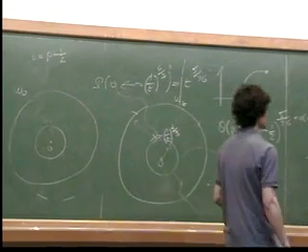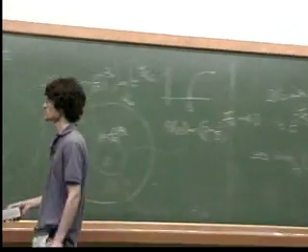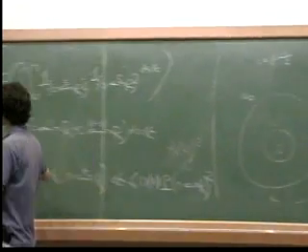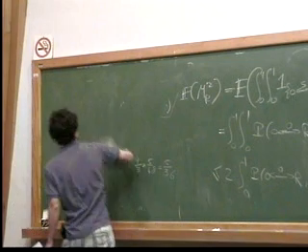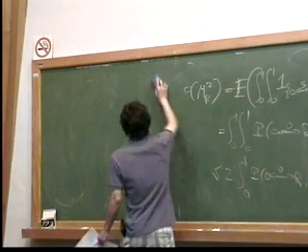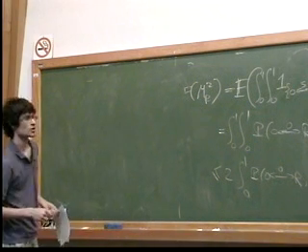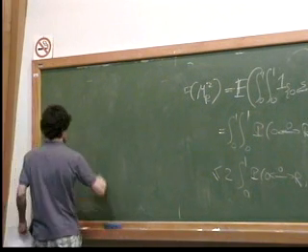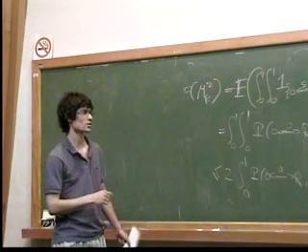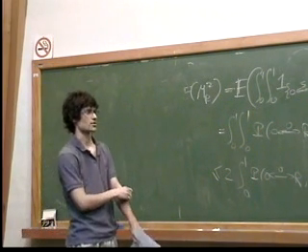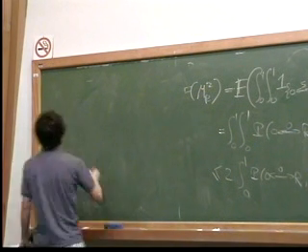So maybe it's a good place to state what the results are, at least for dynamical percolation. The existence of exceptional times on the triangular lattice was already proved by Schramm and Steif a few years ago.